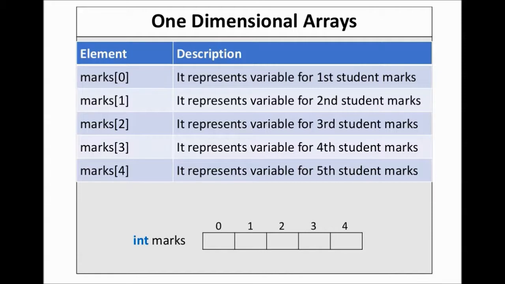Similarly, marks[1], marks[2], marks[3], and marks[4] represent the respective positions of the student marks, and we can access any element of an array by using its index values. Here 0, 1, 2, 3, 4 are the index values of the array with the name marks.